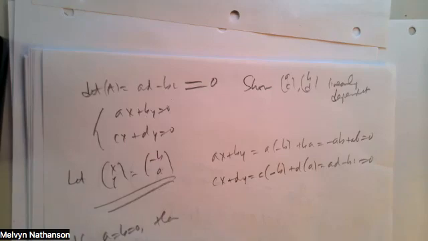what can I say? If A and B are 0, the first equation is 0 no matter what.